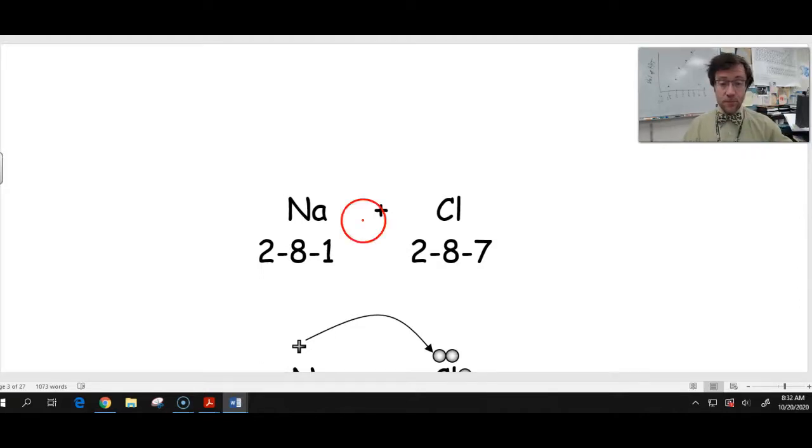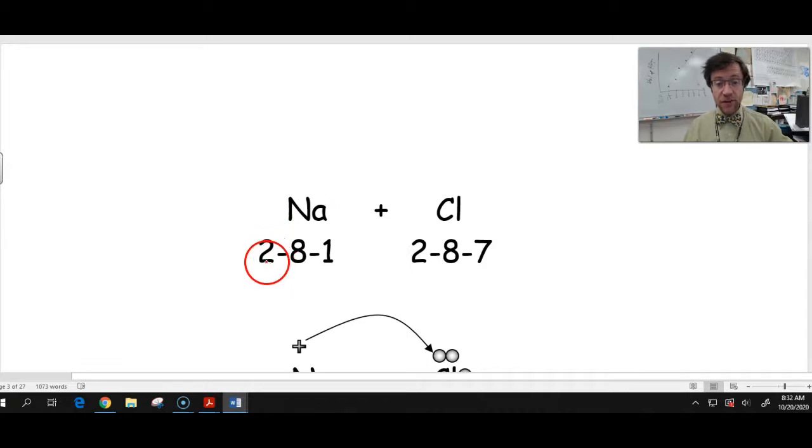Sodium has an electron configuration of 2-8-1, so it has one valence electron. I'm going to make it a plus just so we can see them apart. Chlorine has 7: 1, 2, 3, 4, 5, 6, 7. I used a plus for sodium and dots for chlorine just so we can see the difference.